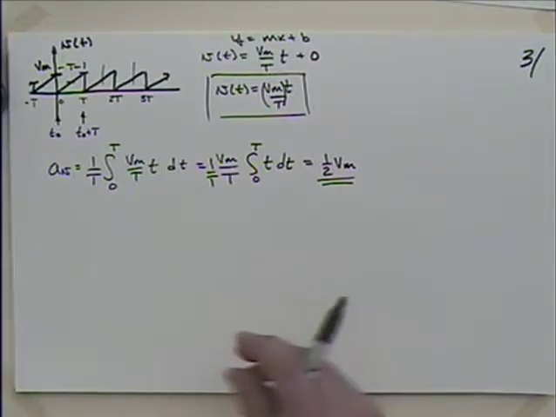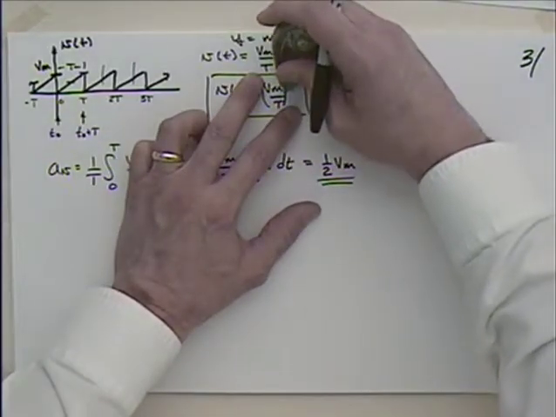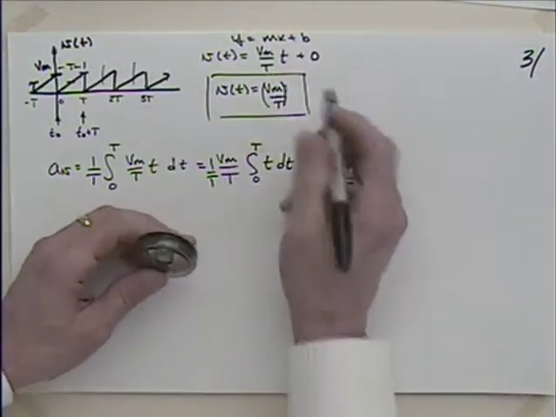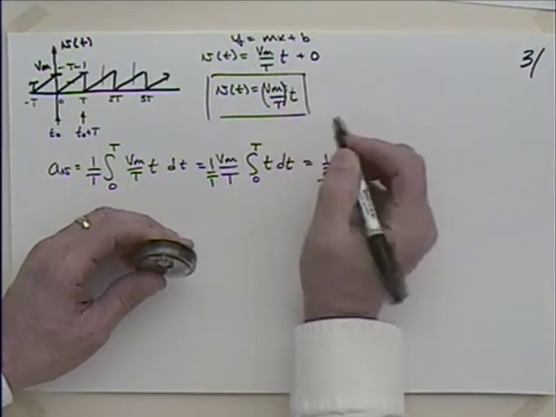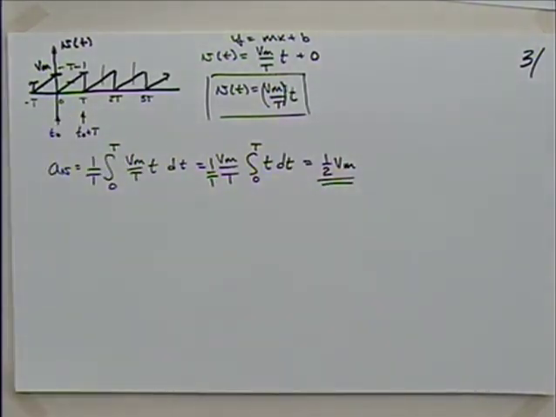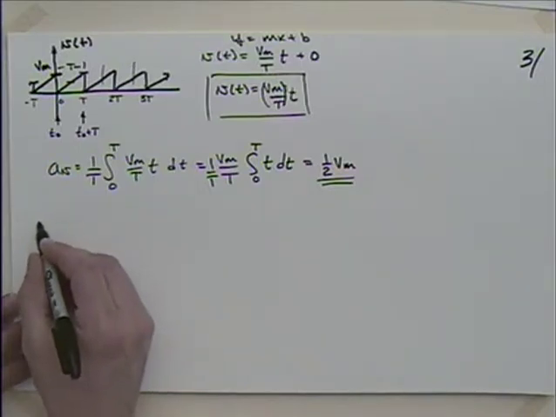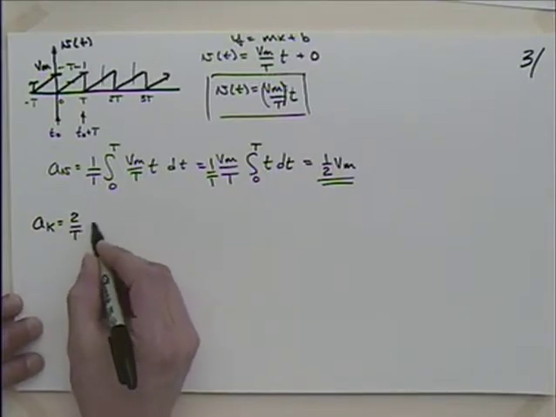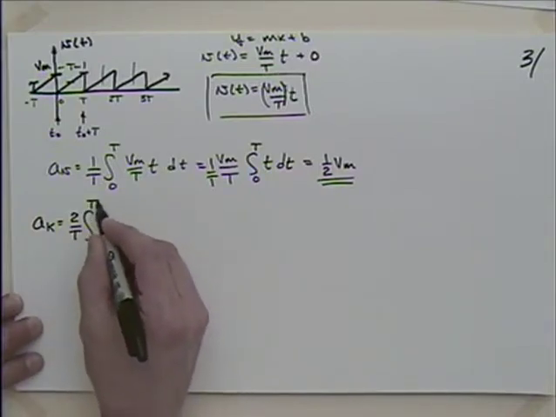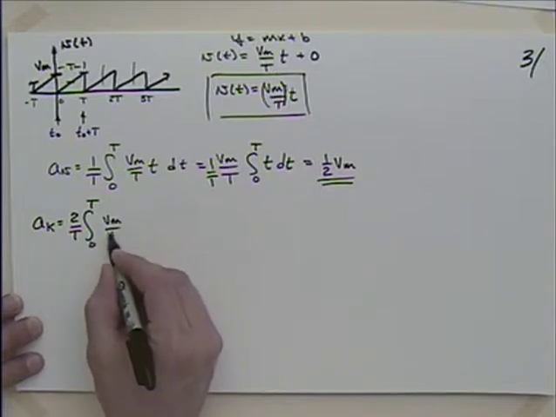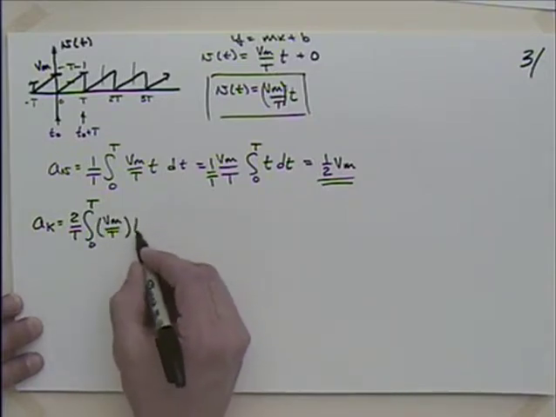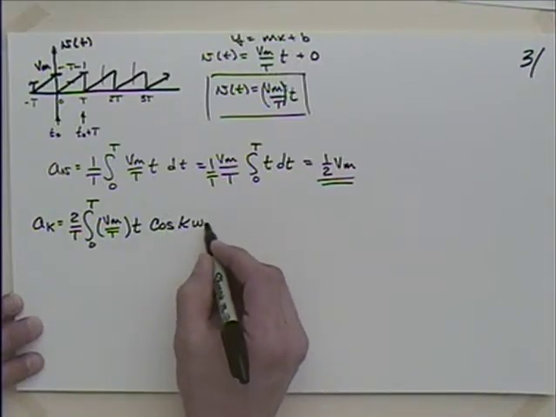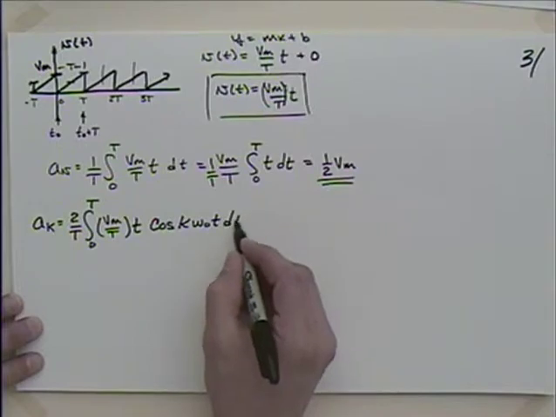Okay, so we're multiplying that by t. Let me get started with a sub k. That's 2 divided by the period T times the integral from 0 to T of v sub m divided by the period times t, times the cosine of k omega naught t, dt.